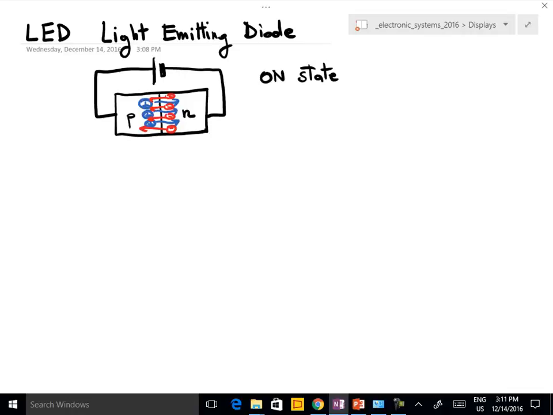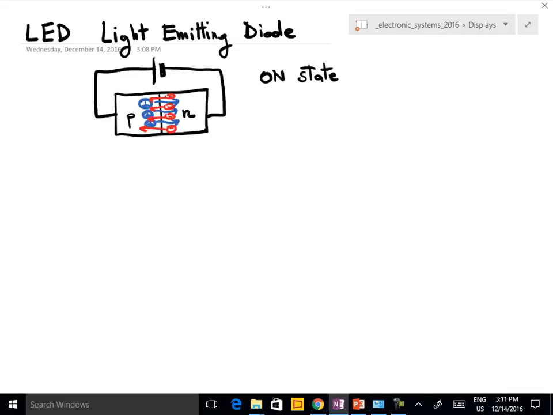I don't want to discuss now the operation of a p-n junction, but you remember, when the p-n junction is in the on state, the barrier for electron and hole flow between the p region and the n region is very small, and therefore we have diffusion of both types of carriers.